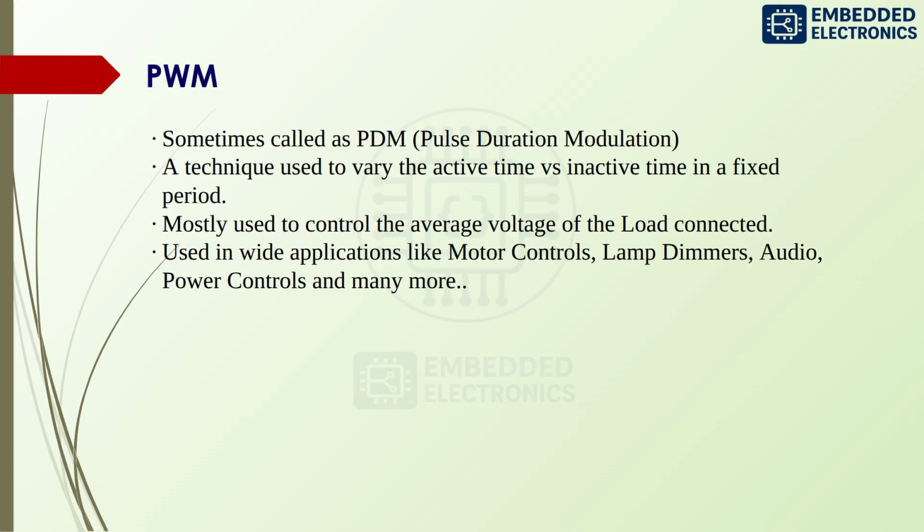It is a technique used to vary the active time versus inactive time in a fixed period. Mostly used to control the average voltage of the load connected. Used in wide applications like motor controls, lamp dimmers, audio, power controls and many more.